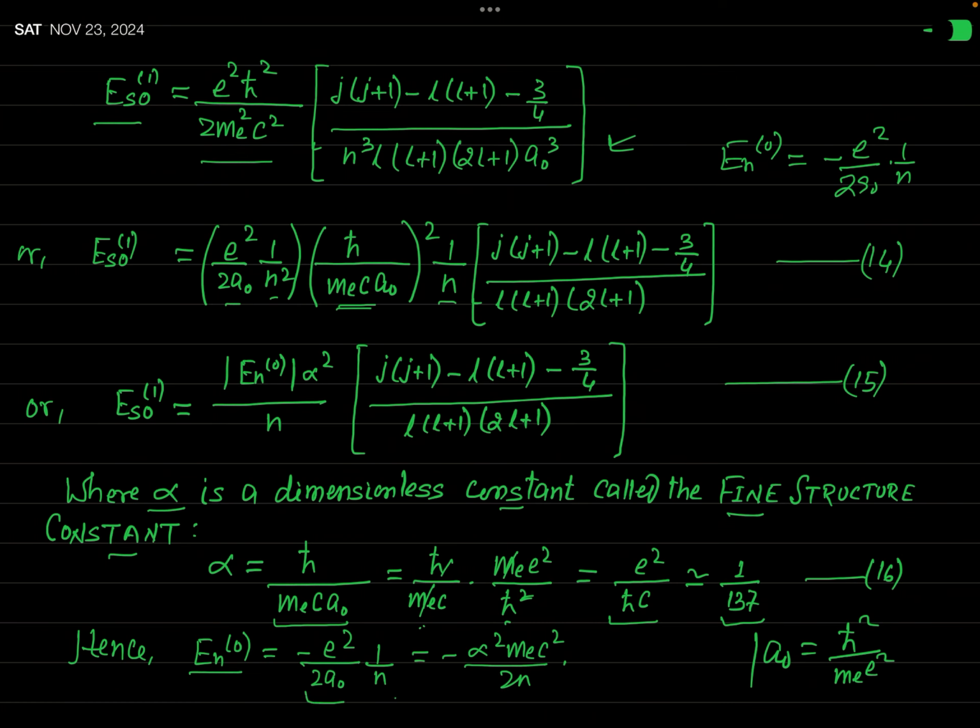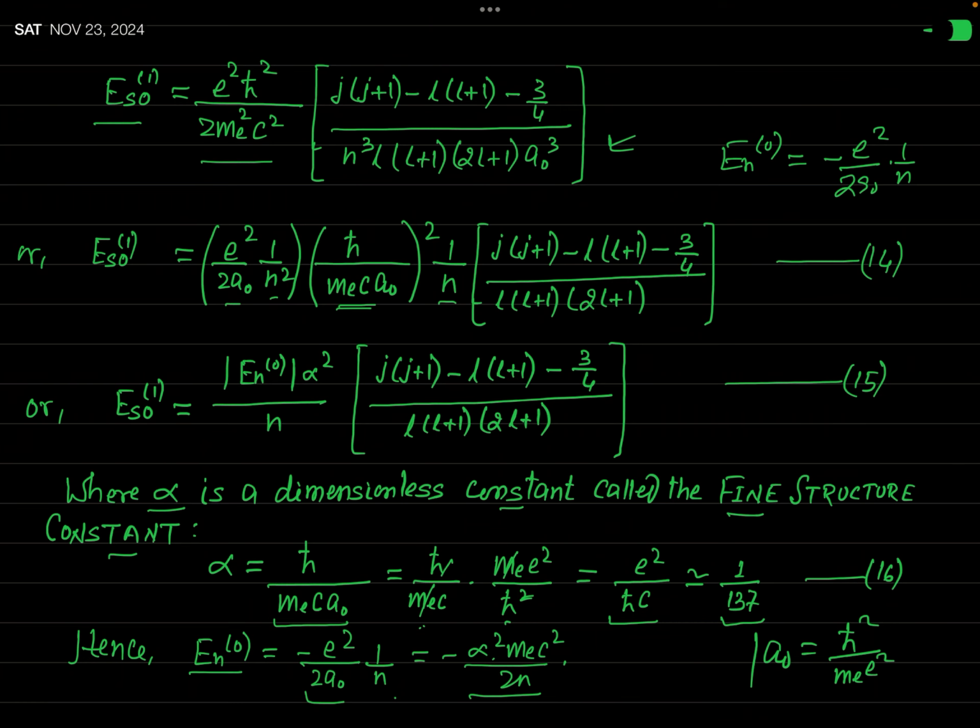Using the expression for alpha, you can write E_n⁰ as minus alpha squared m_e c² over 2n. So instead of this modulus of E_n⁰, now you can write alpha squared m_e c² over 2n.